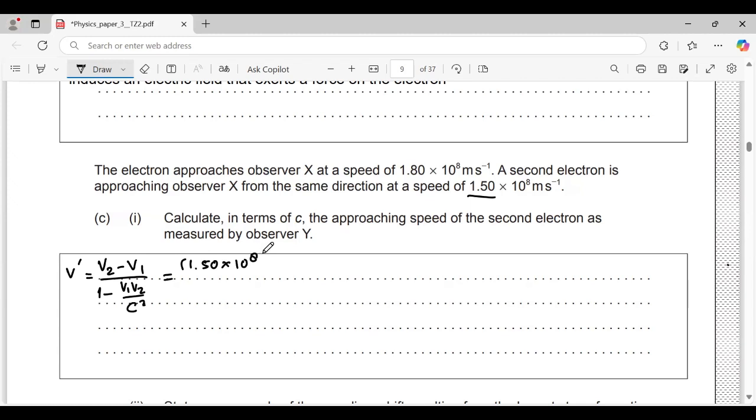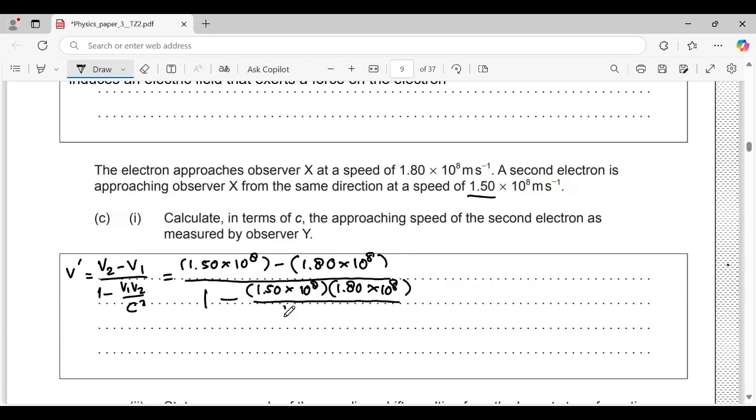1.50 times 10 power 8 minus 1.80 times 10 power 8, over 1 minus 1.50 times 10 power 8 times 1.80 times 10 power 8 over the speed of light, which is 3.0 times 10 power 8, squared.